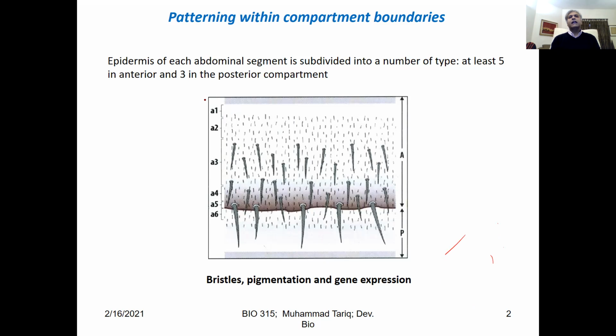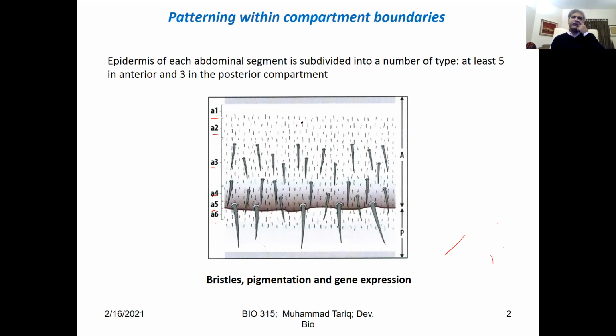And even in the adult abdomen, each segment is subdivided into a number of types, which are given here: A1, A2, A3, A4, A5, and A6.